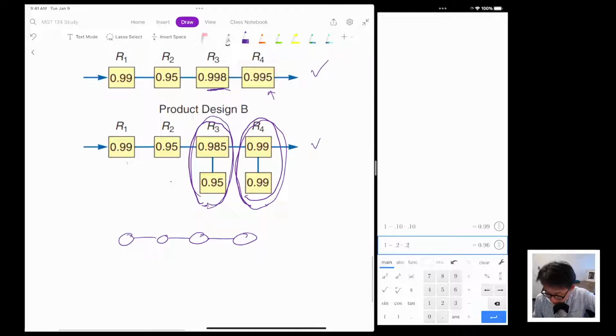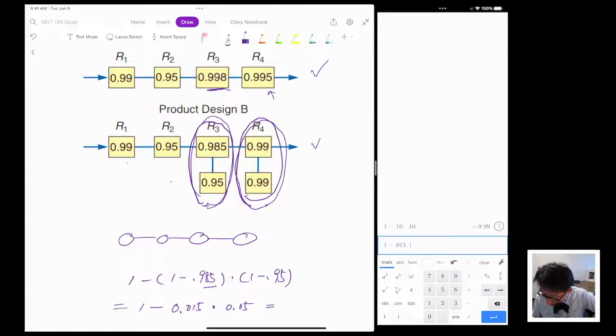Let's find out. 1 minus 0.985, 1 minus 0.95. So it's going to be 1 minus 0.015 times 0.05. Hope I did it correctly.